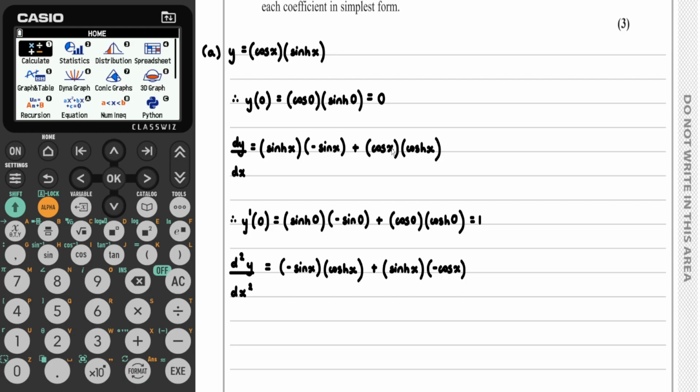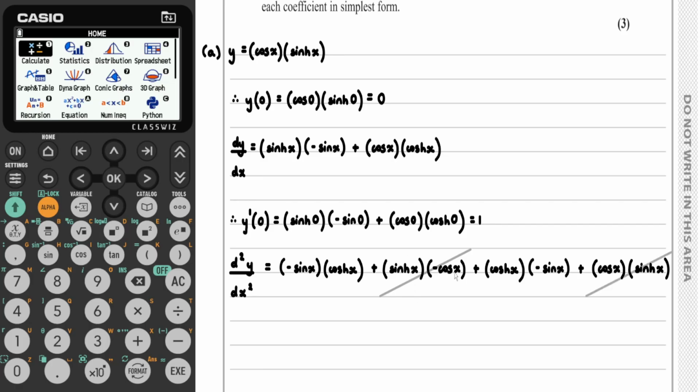And now if I focus on the cos x times hyperbolic cosine x, we would have v, which is hyperbolic cosine x, times u dash, which is minus sine x, plus u, which is cos x, times v dash, which is hyperbolic sine x.